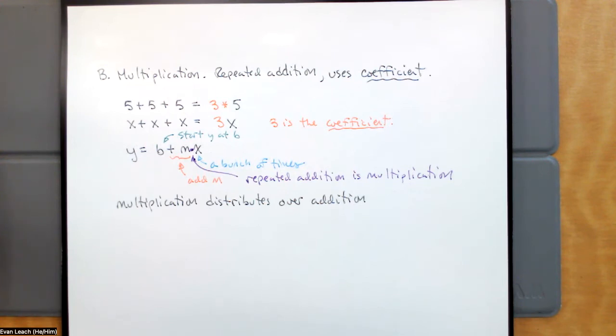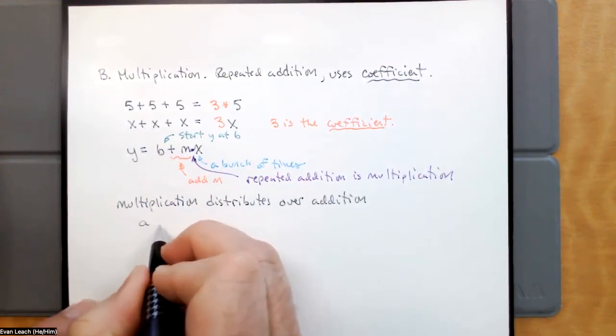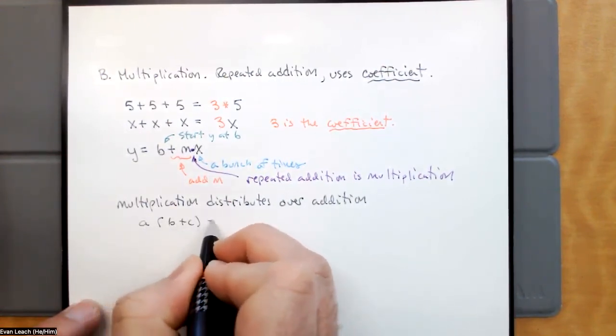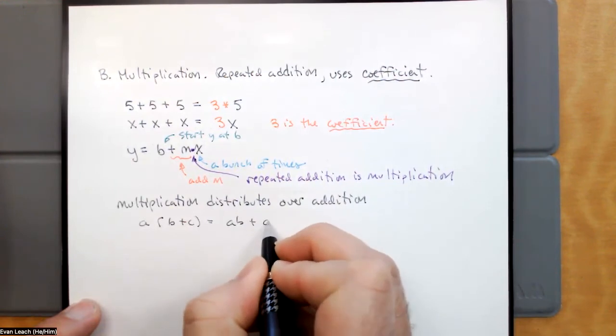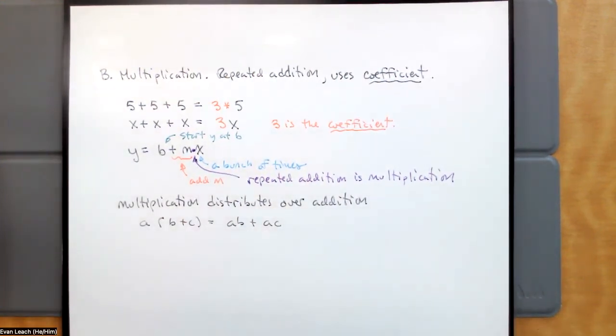We need to think about this because parentheses is not an operation. A lot of times we see this as the distributive property. There's not just the distributive property, it's one distributive property. Multiplication distributes over addition. Here's how we write it. We normally write a(b + c) and say that's ab + ac. This only works because the operation between a and that set of parentheses is multiplication. It's not the parentheses that are doing it, it's the multiplication that is doing it.